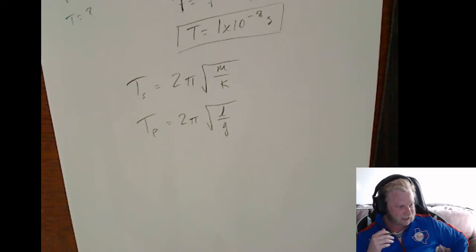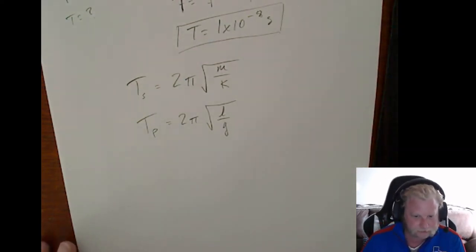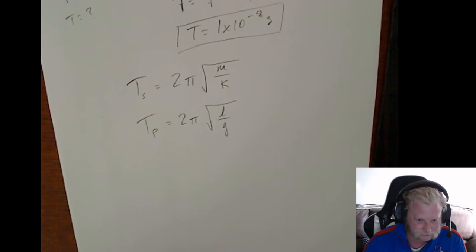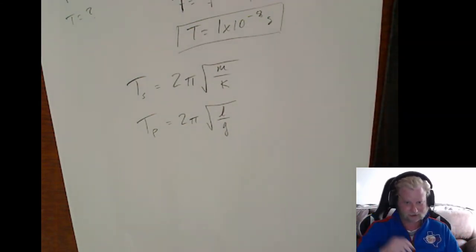All that matters is how long is the string and what is the acceleration due to gravity. So the amplitude doesn't matter when you're talking about your pendulum period. So take a look at conceptual example 14.6.